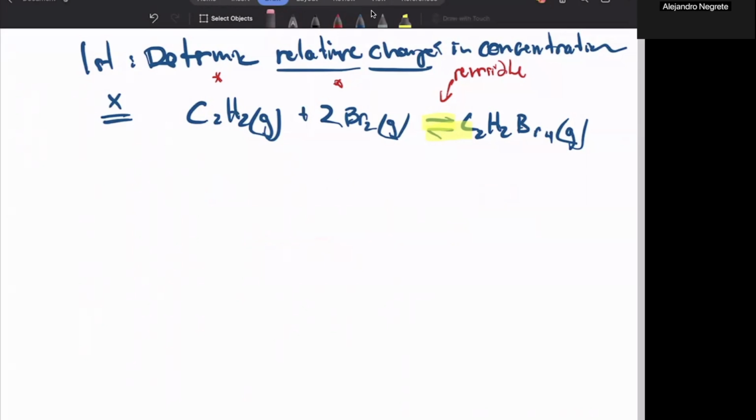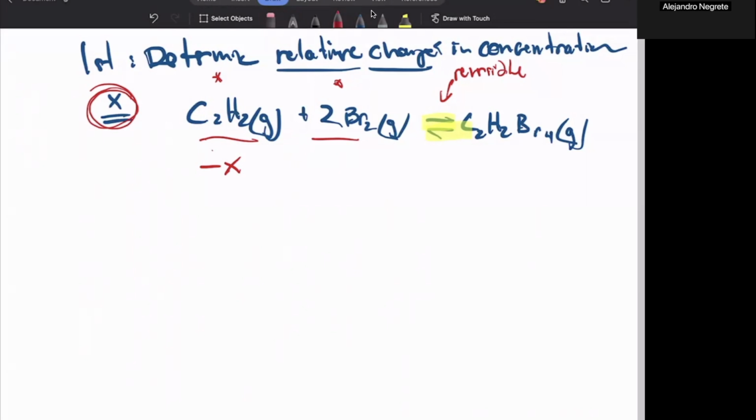As it's shifting to the right, it's going to consume the reactants. So as far as our value of X is concerned, we're going to write minus X, because that reactant is going to be consumed in order to shift the reaction to the right.